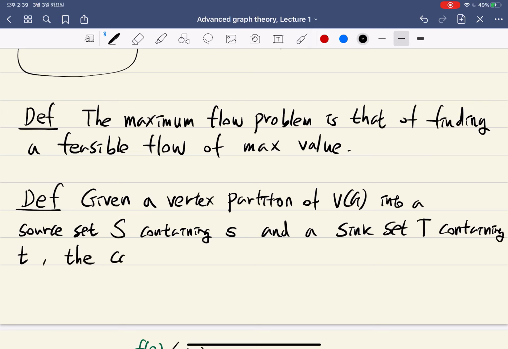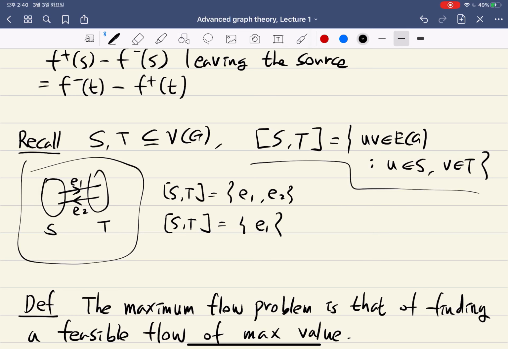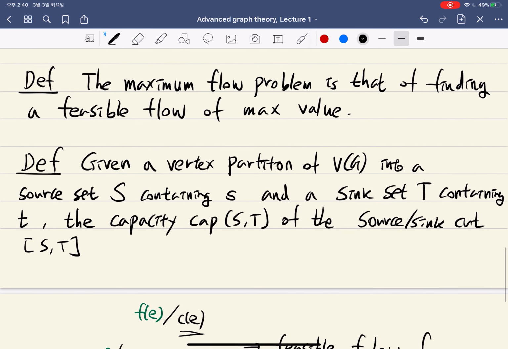We define the capacity of the source-sink cut. Let's say this cut of (S, T) is the collection of all directed edges from S to T. And if S contains the source and T contains the sink, then we say this is the source-sink cut.